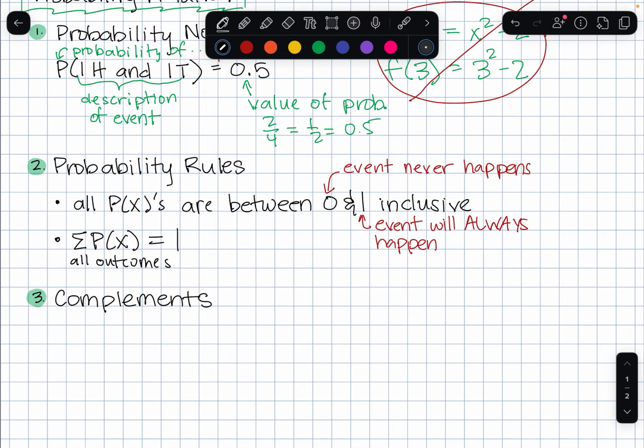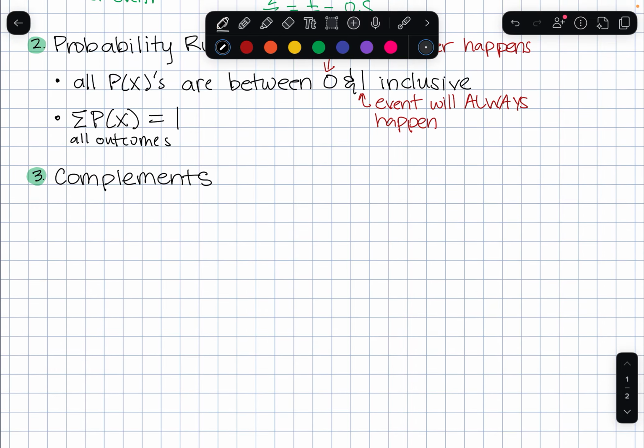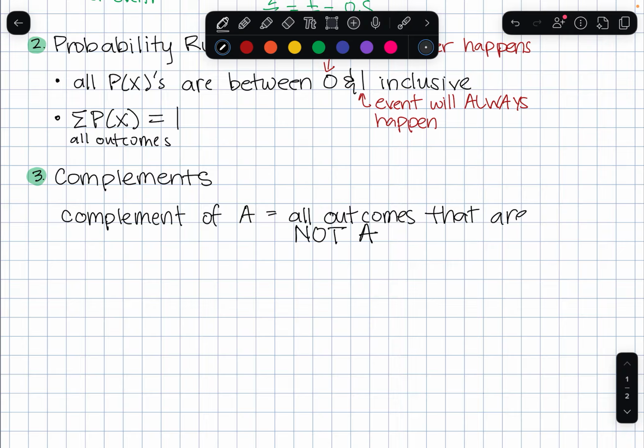All right, the last rule that's going to be helpful is this idea of complements. The complement of an event is equal to all outcomes that are not A. Typically, we write this as A and then a little C for complement.